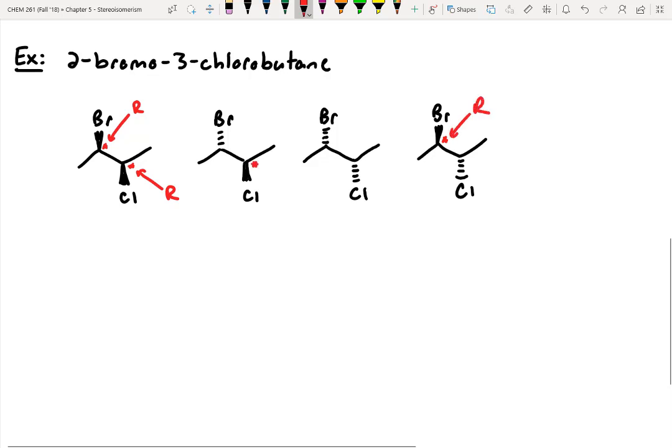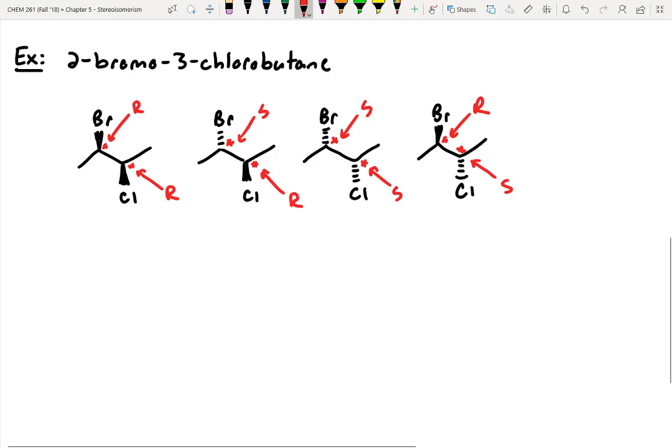Same thing with chlorine as a wedge. That would be an R. Conversely, what must this one be? S. It's flip-flopped. So we'll go ahead and label all of these. Same thing with this one, and this one as well. All right, so now we've labeled all of our stereocenters.